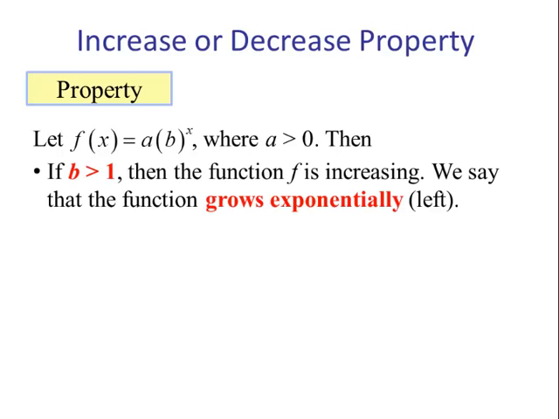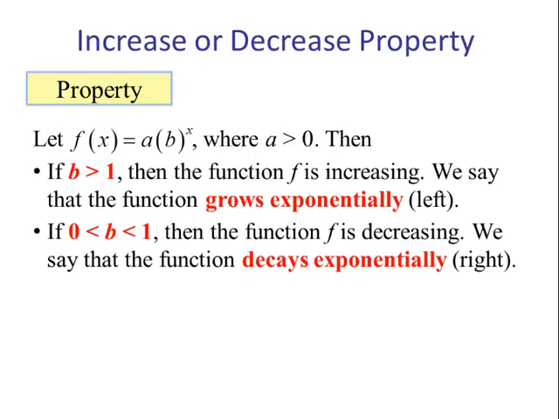Then, if b is greater than 1, the function is increasing. We say that the function grows exponentially. If b is between 0 and 1, then the function f is decreasing. We say that the function decays exponentially.